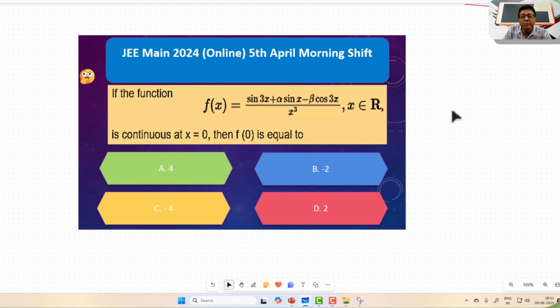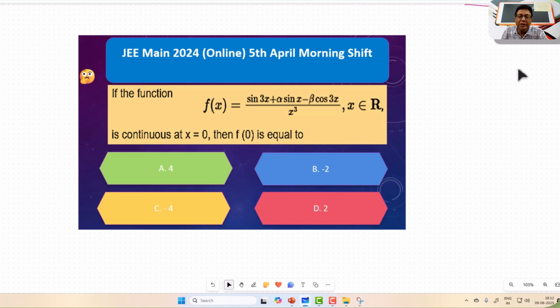One similar problem where L'Hopital rule may be used, I have chosen that came in 2024 5th April morning shift. But you can use the expansion of that infinite series for sin x, cos 3x, sin 3x also for this sum.